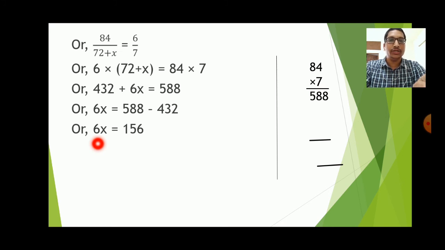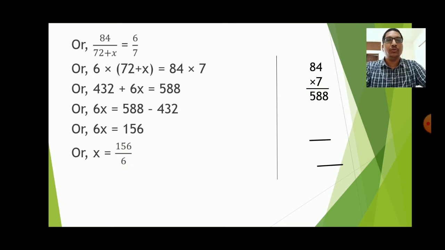Before that we need to know the relation between x and 6. The relation between x and 6 is multiplication. So when we move this 6 from the left side to the right side, it will be division.